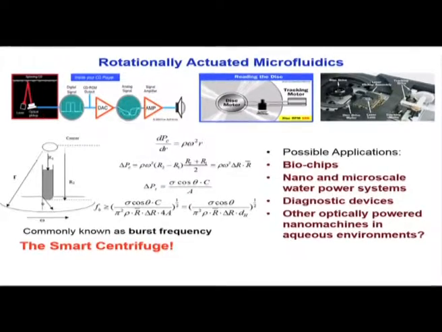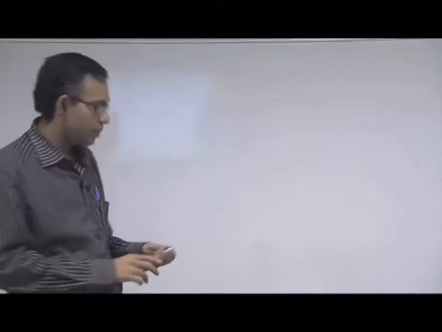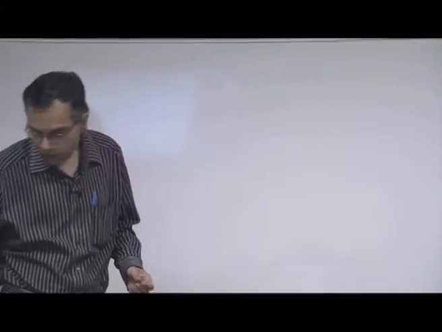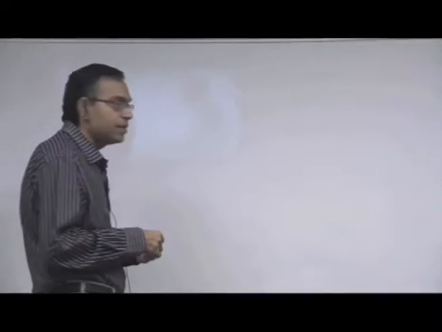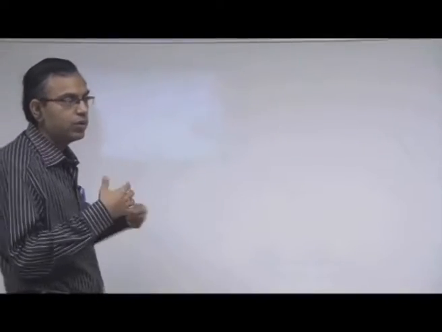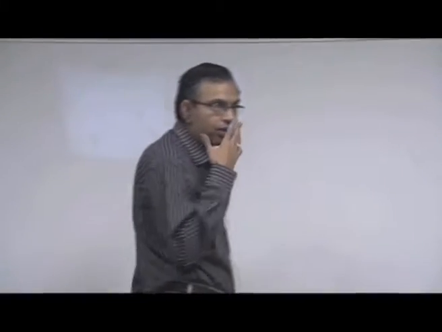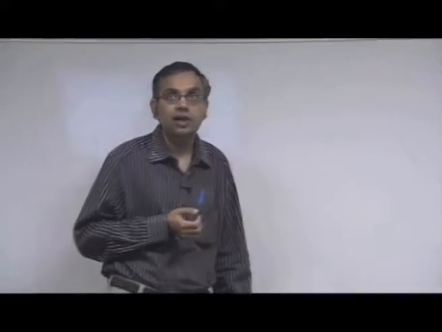The critical frequency at which the flow starts is called the burst frequency. We will try to establish how we can derive an expression for the burst frequency. The final result is given in the slide, but we will try to derive that by a very simple type of analysis. We will make a more involved analysis as we progress in this lecture.